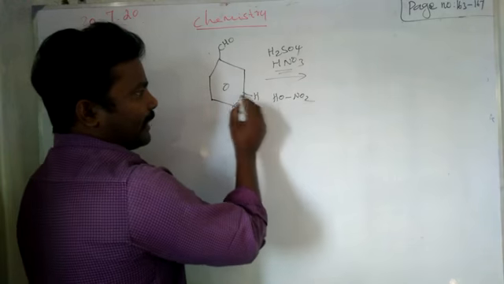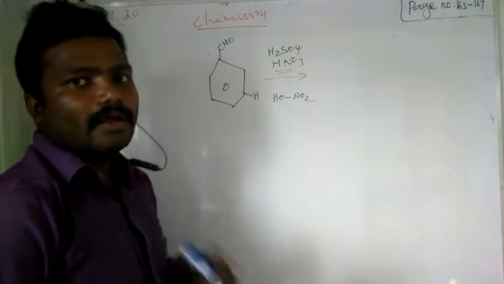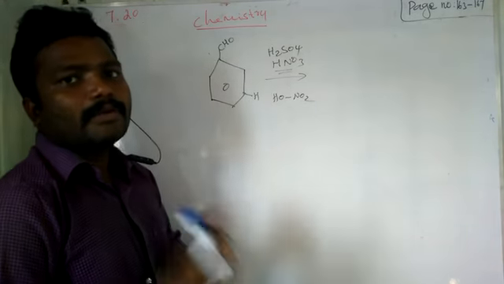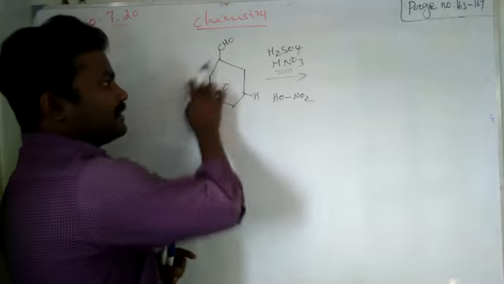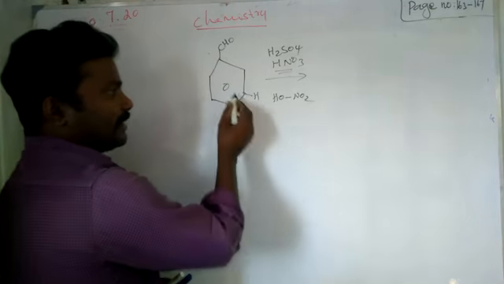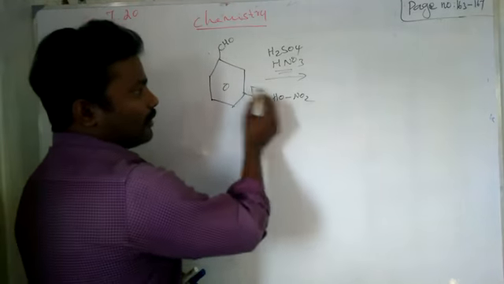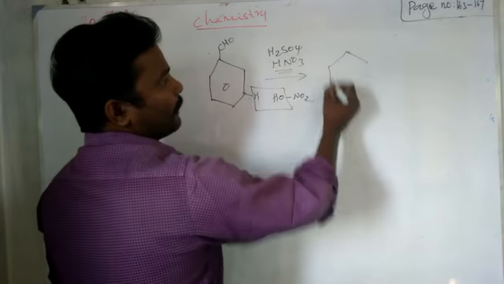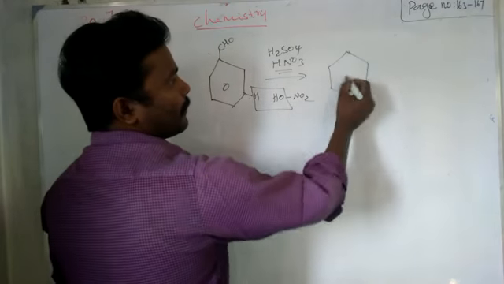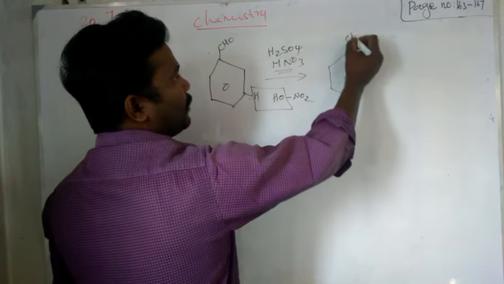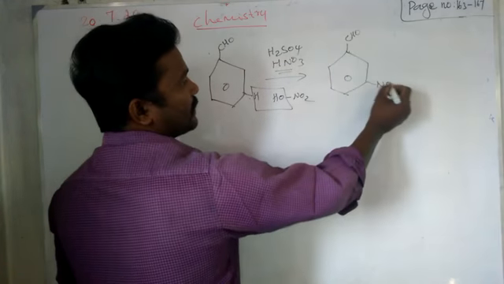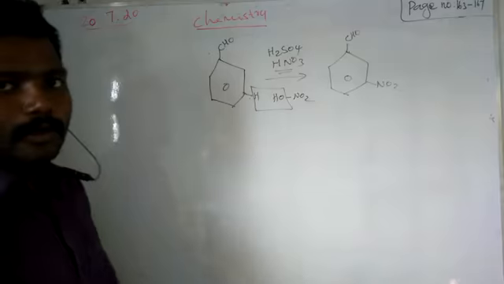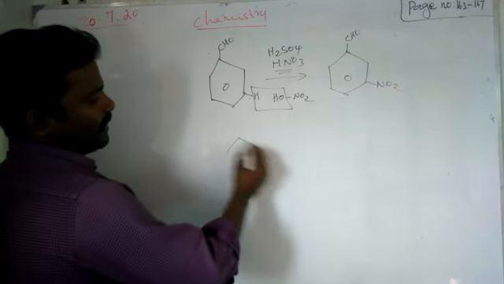Here we have to take hydrogen; nothing is written on that carbon, but you have to remember all corners in the benzene have one hydrogen. That hydrogen is removed as water, then you can add the NO2 group. So the compound name is meta-nitrobenzaldehyde.